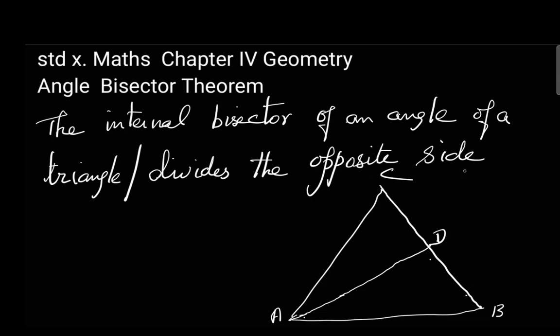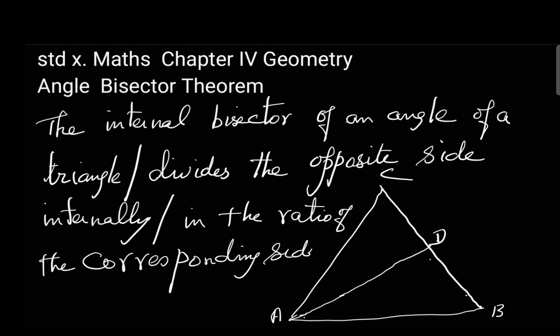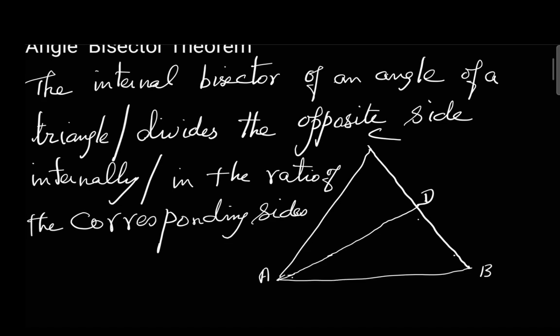The opposite side is BC. Divides the opposite side internally in the ratio of the corresponding sides. Which sides? Containing the angle.